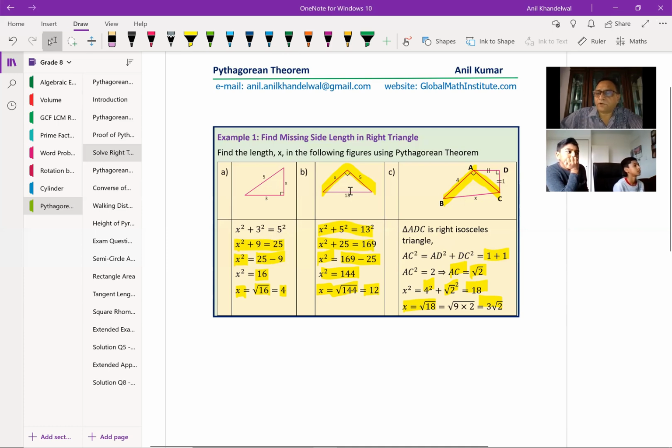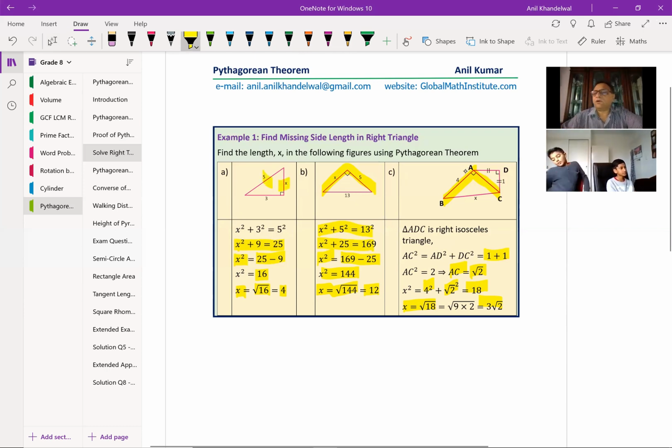We have a special name for it. The smallest triple is 3, 4, and 5. And then we have many. One of them is also 5, 12, 13. You notice one thing? 4 and 5, 12 and 13, the difference is only one.